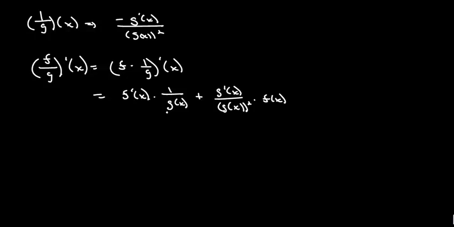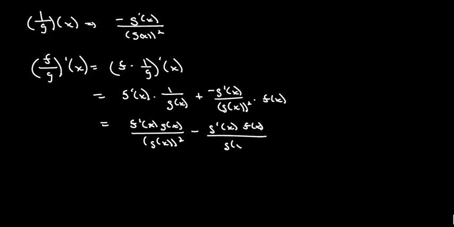So this guy over here is missing a g of x in its denominator. So here's what we've got. We've got f prime of x times g of x over g of x squared. Oops, this is supposed to be negative, sorry. And then here we've got a minus, and then we've got g prime of x times f of x, over g of x squared.